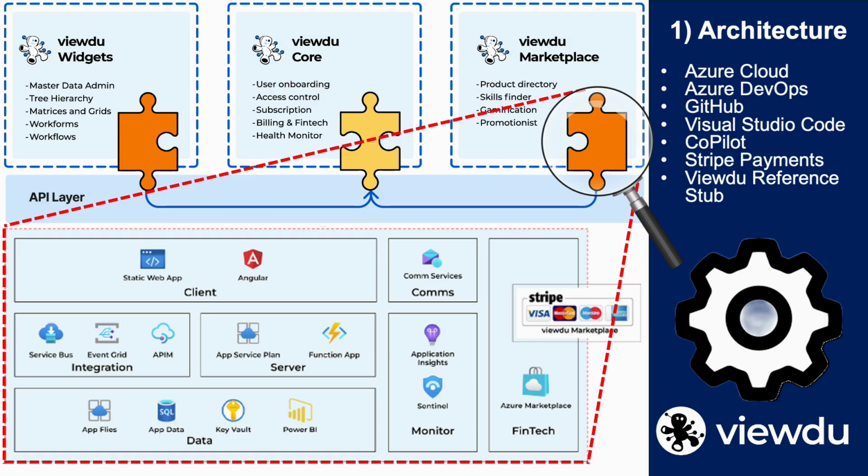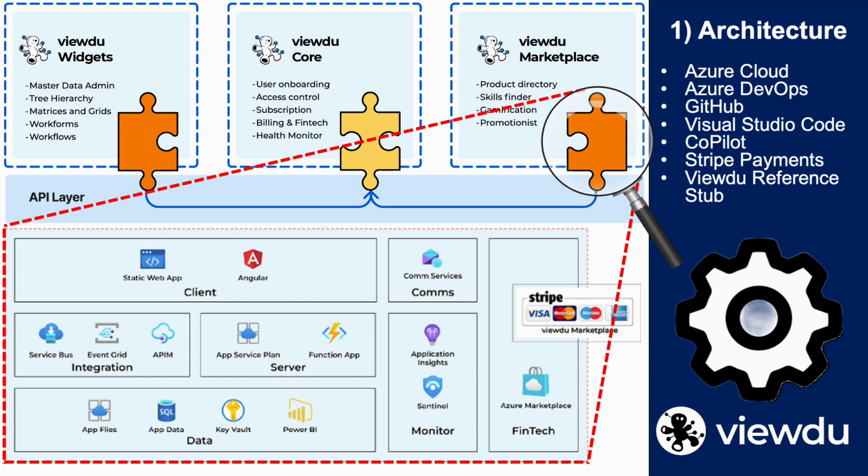The first way that Viewdu provides a methodology as a service is through its architecture. Viewdu prescribes the strategic cloud provider, which is Microsoft and their enterprise-grade products such as Azure DevOps. It provides standardized deployment languages and tools such as Microsoft's Visual Studio Code, Copilot for AI coding assistance, and the TypeScript language.